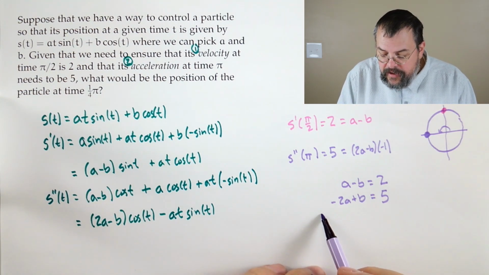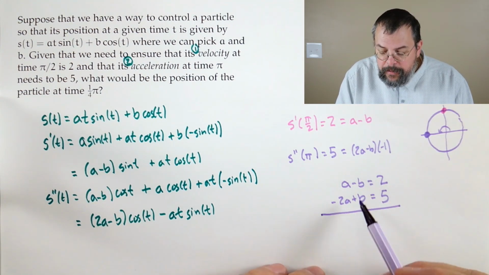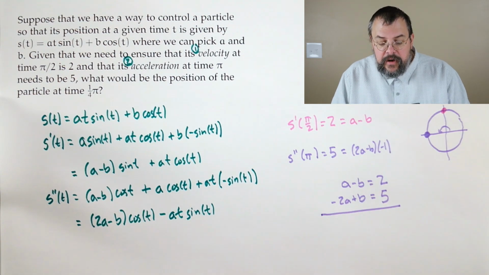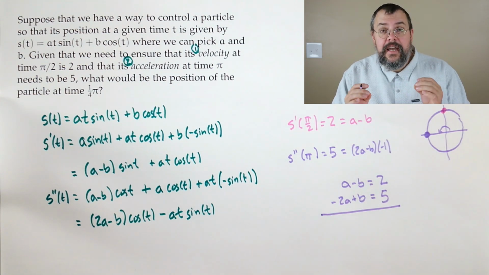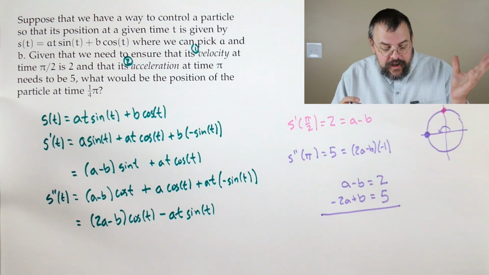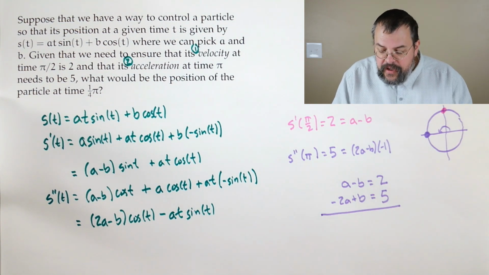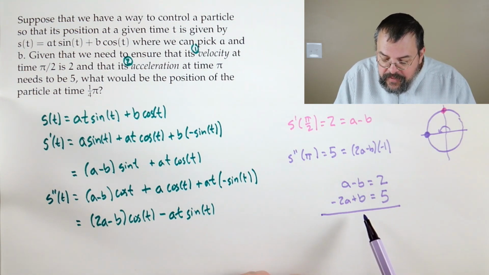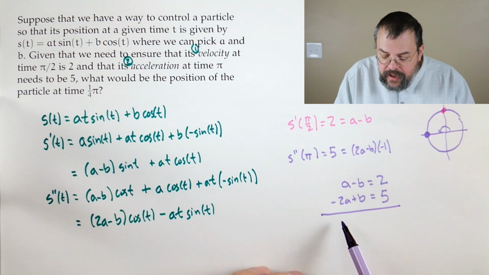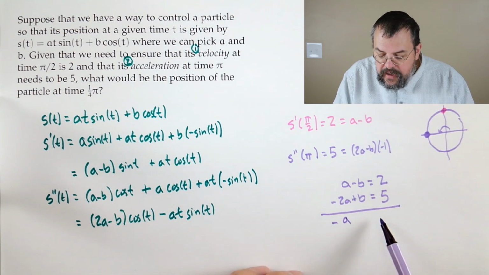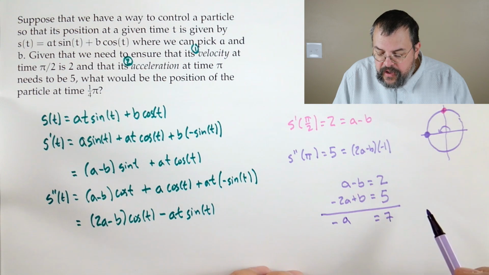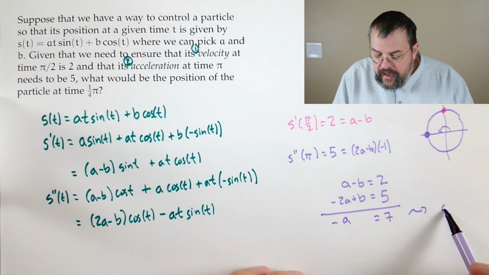So, for me, I like to combine, and I can see right away that the b's are going to cancel. They're set up in a beautiful way, just right to cancel. So, combining, we add these up. The b's go away. A minus 2a is negative a. 2 plus 5 is 7. So that tells us that a has to be negative 7.